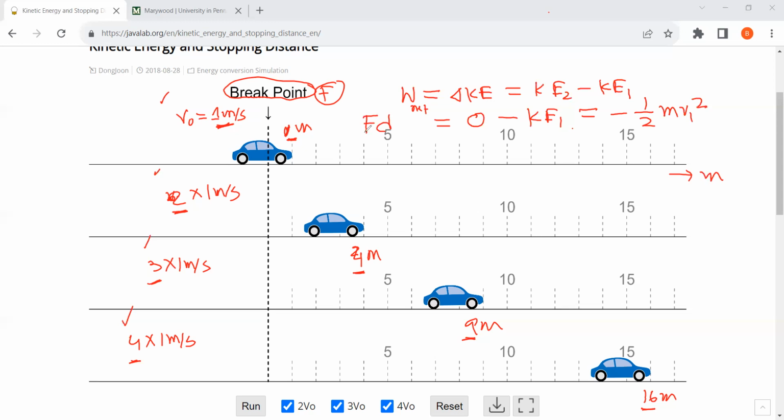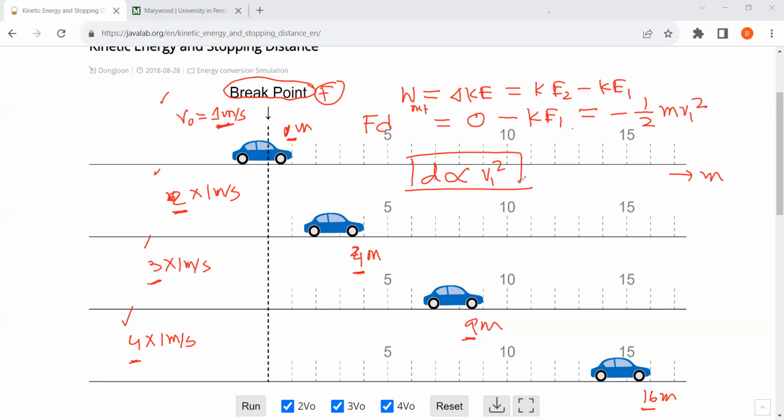F is the same for all the cars. So what we see here is that d is proportional to the initial velocity squared, right? When the speed is 1 meter per second, the stopping distance was 1.